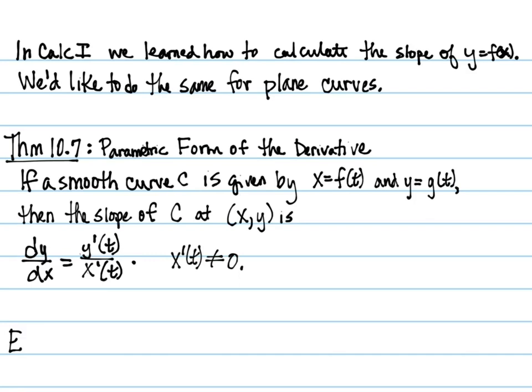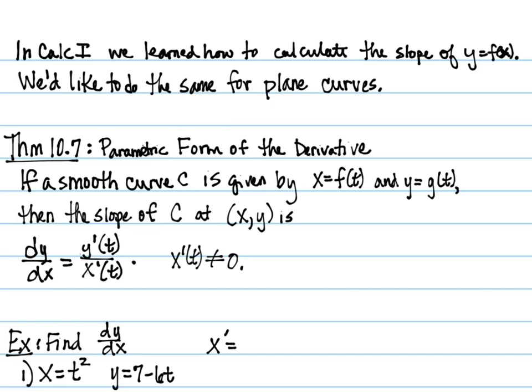Really straightforward one to start with. Find dy/dx, where our equations are x equals t squared and y equals 7 minus 6t. So, first things first, what's x prime? 2t.